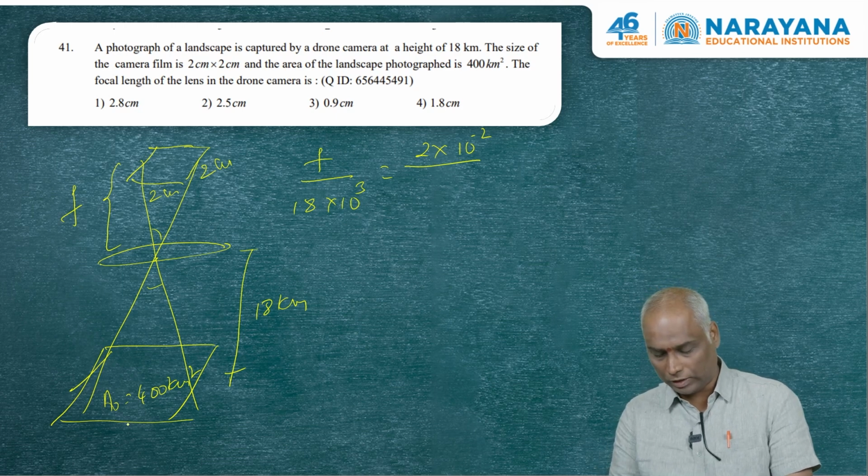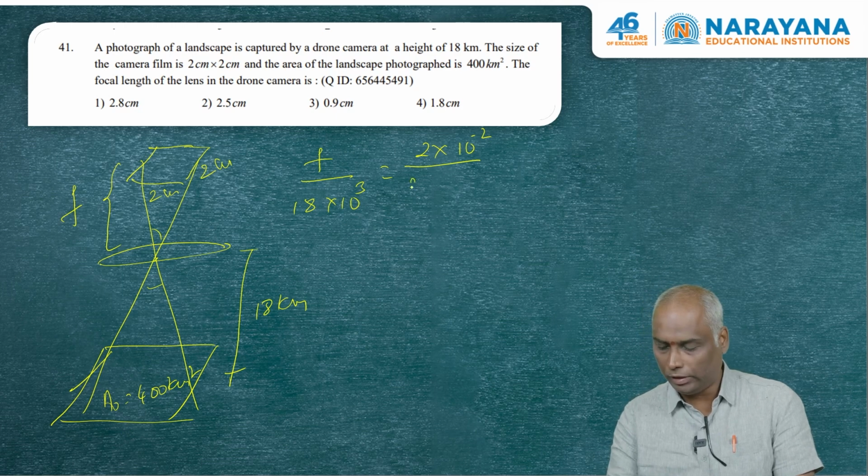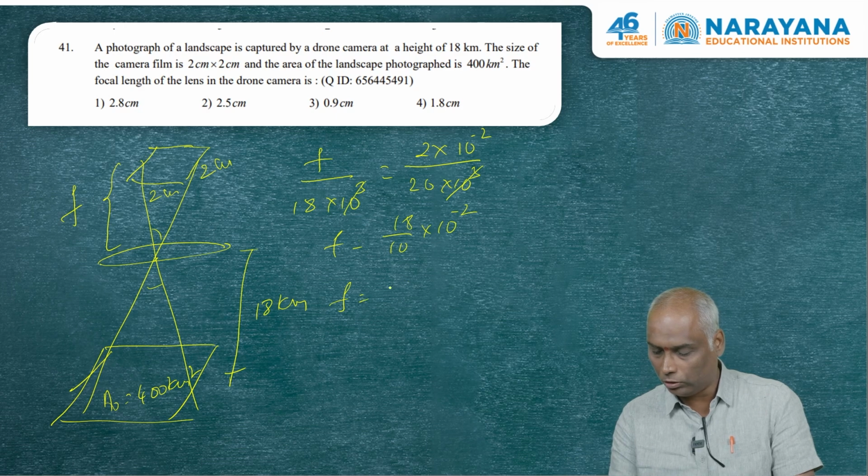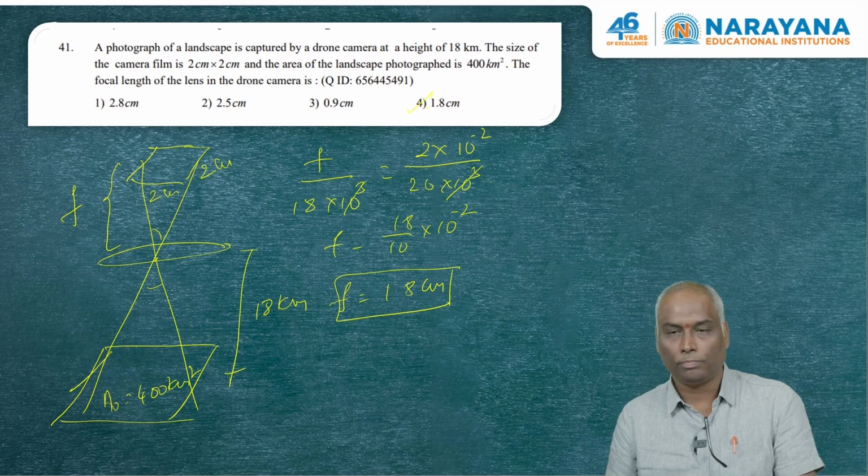Assuming it as a square, the length of each side is going to be around 20 kilometers, so 20 into 10 to the power of 3. So the value of F becomes 18 divided by 10 into 10 to the power of minus 2. So the value of focal length is going to be 1.8 centimeter. Option 4.